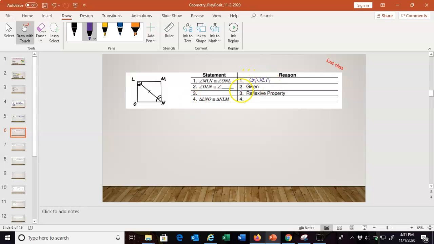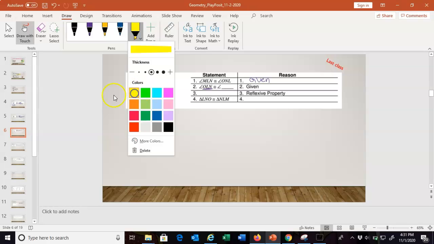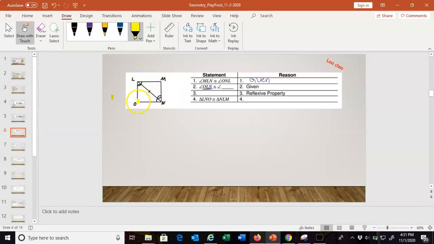Number 2 is given to us, the reason, but they want to say which angle is congruent with OLN. So let's just map that out. OLN has the markings with the 2 tick marks. So the other angle that has 2 tick marks is this one here. There's a few ways we can label that. We can label that MNL.